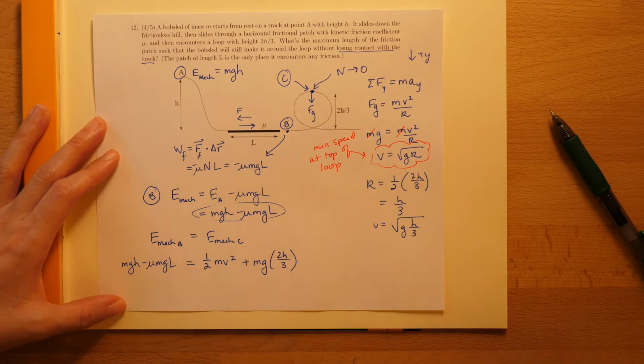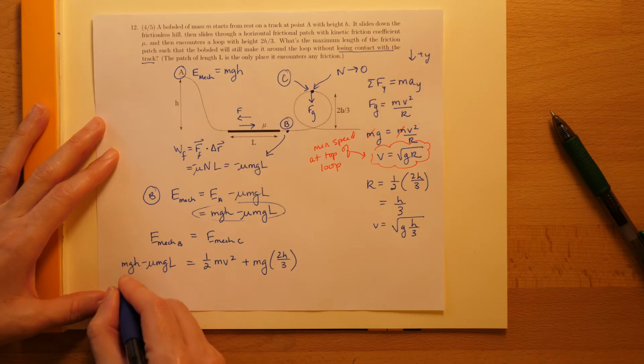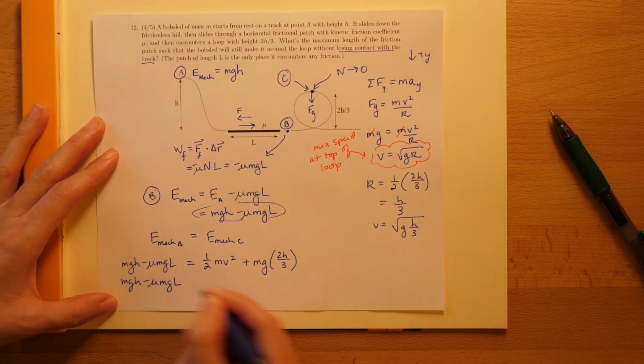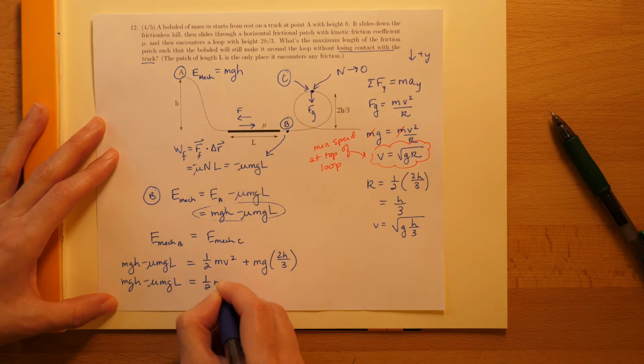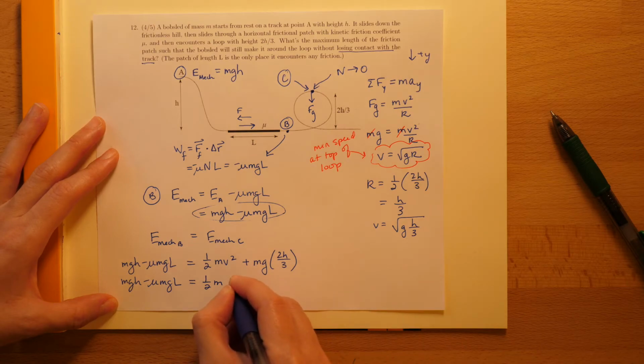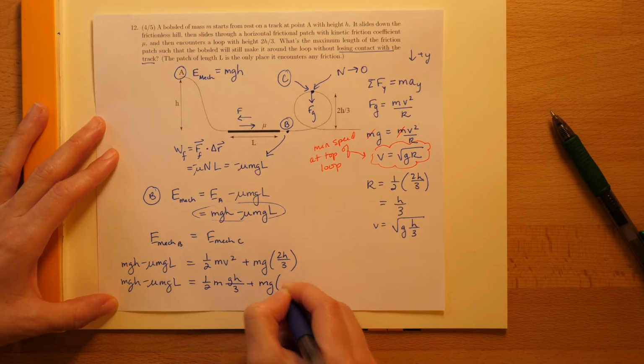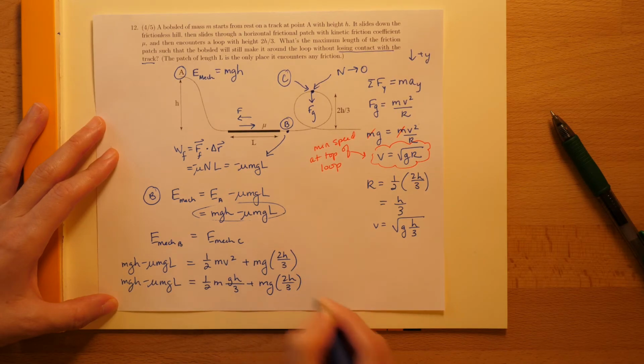Let's plug it in first. So we have mgh minus mu mgL equals 1/2 m v squared, which is gh over 3, plus mg times 2h over 3.